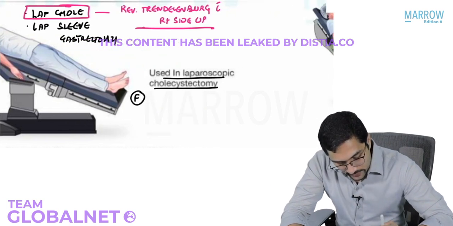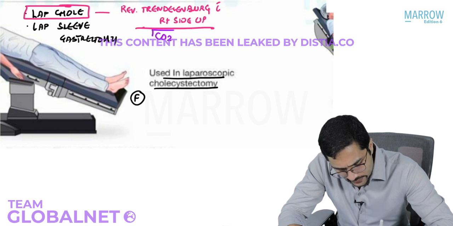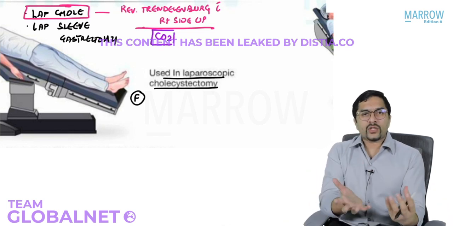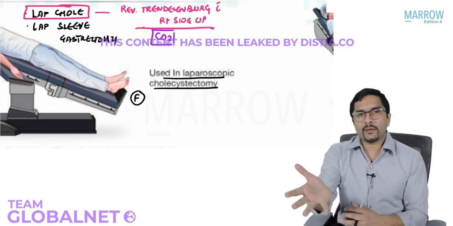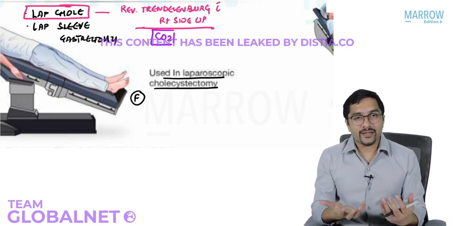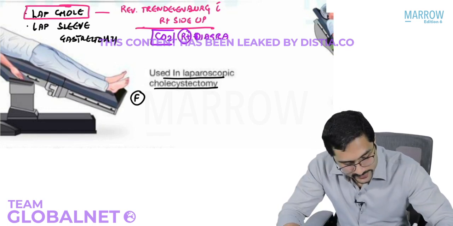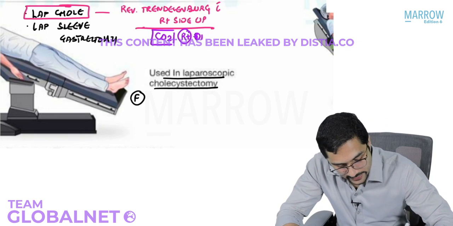Now the problem here is that when we do this, all the CO2, where is CO2 coming from? CO2 is used during laparoscopy. Okay, refer to the minimally invasive surgery module. There I've told you pneumoperitoneum is created using CO2, carbon dioxide, right? All the CO2 is going to go below the right diaphragm.